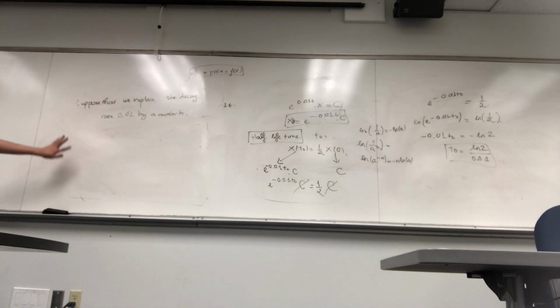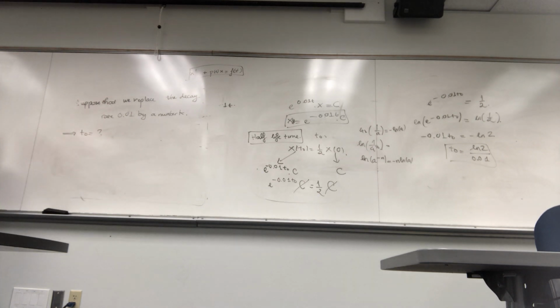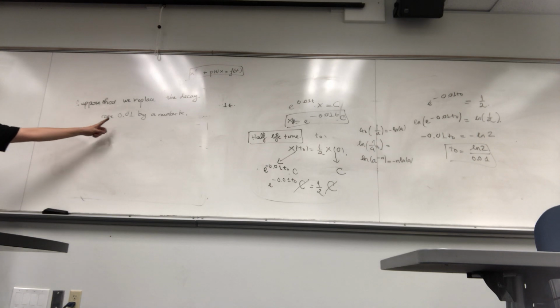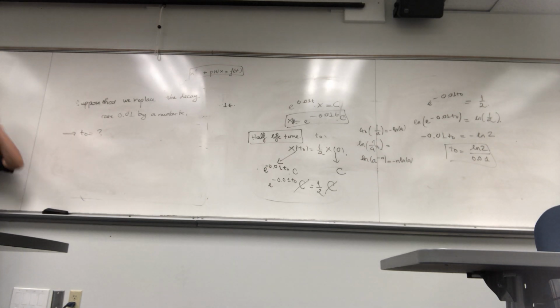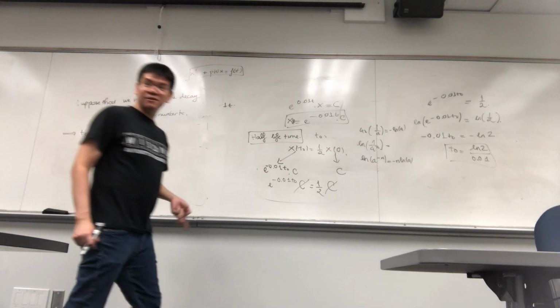Now suppose that I replace the 0.01 by a number k. What is the half-life time? Ln 2 over k, yes. So it's going to be the same.